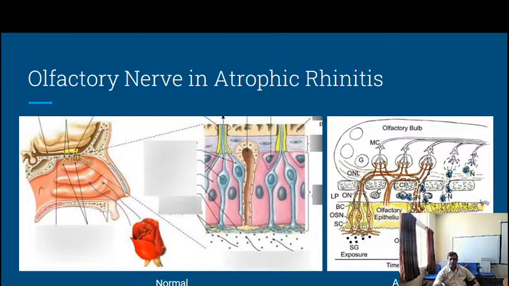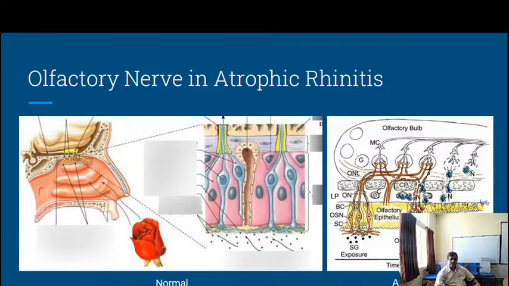So it is either because of the atrophy of the mucous membrane, atrophy of these various neuronal cells, or sometimes because the atrophic rhinitis, as we discussed, produces nasal crusts which do not allow the air to pass into the olfactory region.